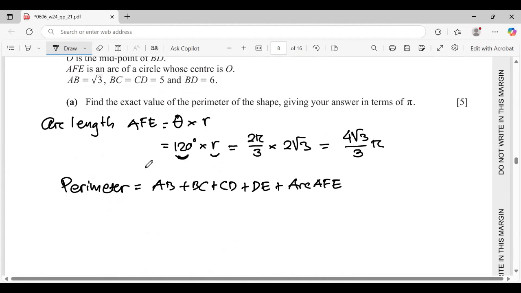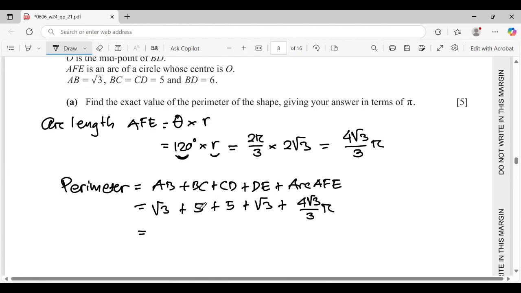Okay, now AB is square root 3 and BC is 5, CD 5, DE is square root 3, and arc AFE 4 square root 3 over 3 pi.